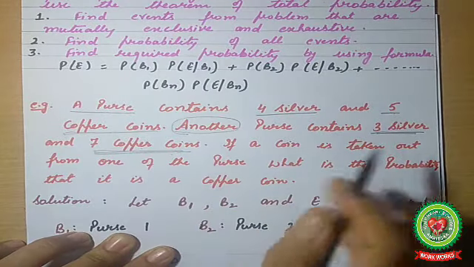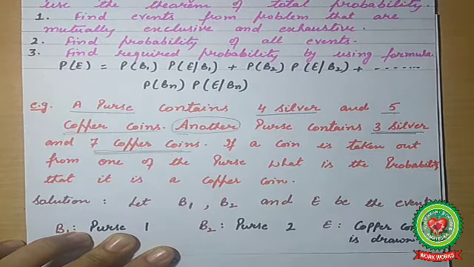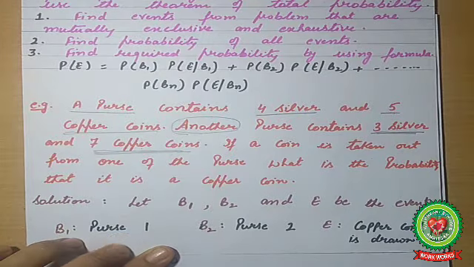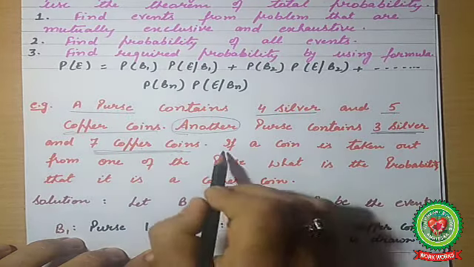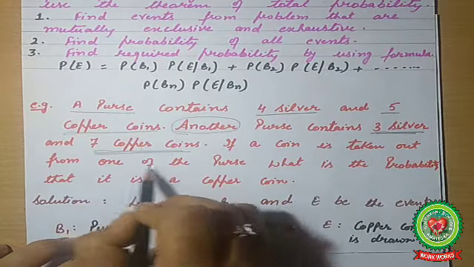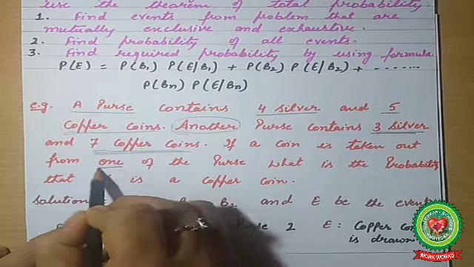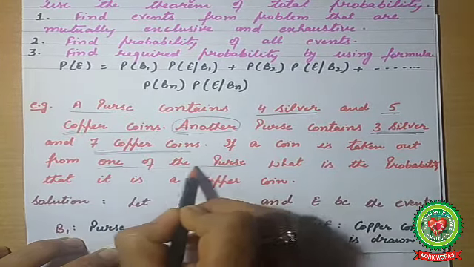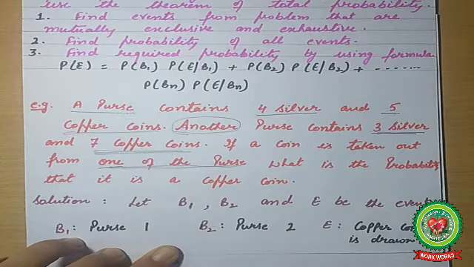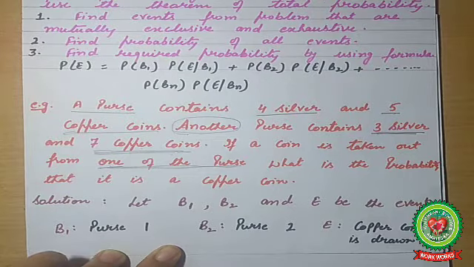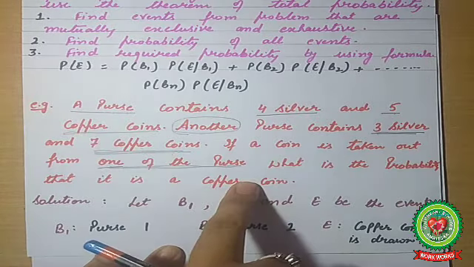If a coin is taken out from one of the purses, you have to find the probability of a coin. That is the event which we can divide, because two purses are already there, and we have to take a coin from one of the purses.